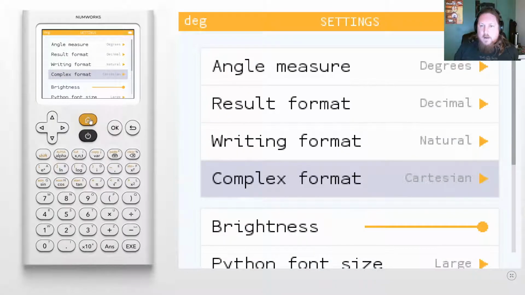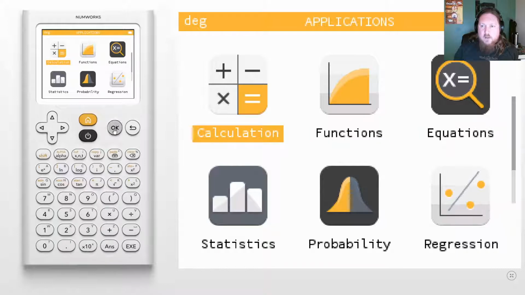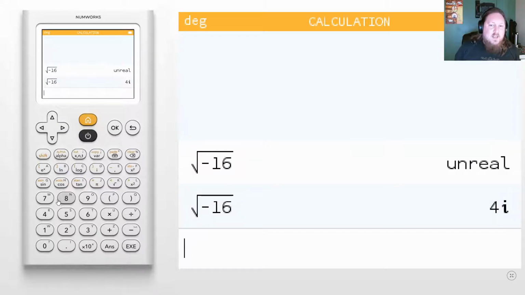Okay. And now when I go back to the home, I can go to my calculation, and the same exact thing I typed in before, I now can type it in, and I will get the complex root. Just one of them, obviously, but hey, that's pretty nice.